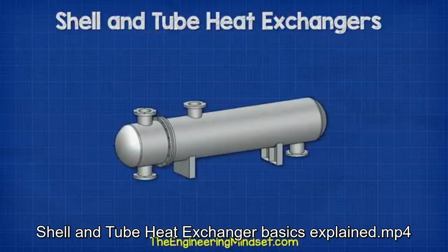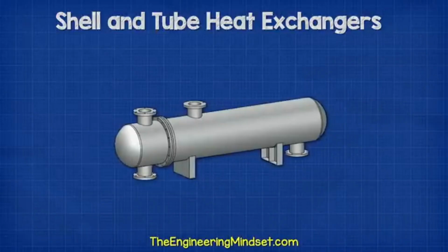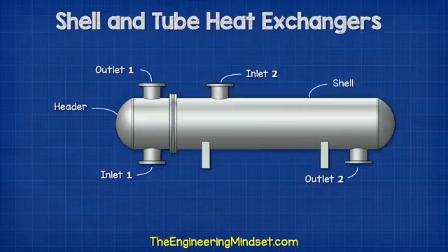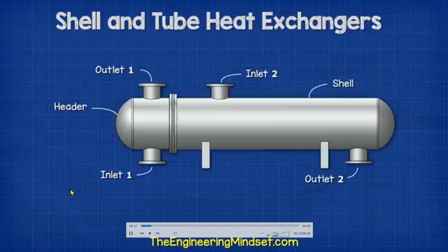Shell and tube heat exchangers will look something like this. With this design, you normally find the inlet and the outlet for one fluid at the very end of the heat exchanger, known as the header. Then we have another inlet and outlet for fluid 2 on the main body, known as the shell.